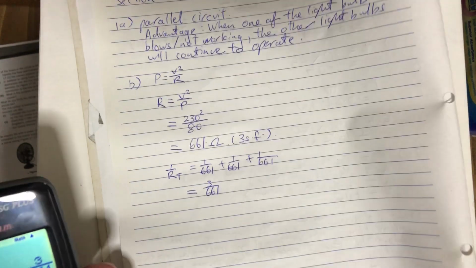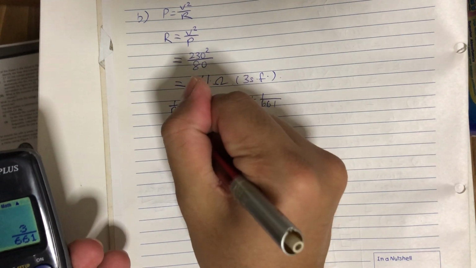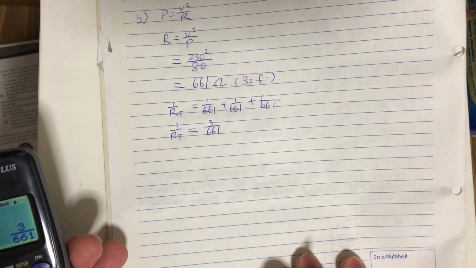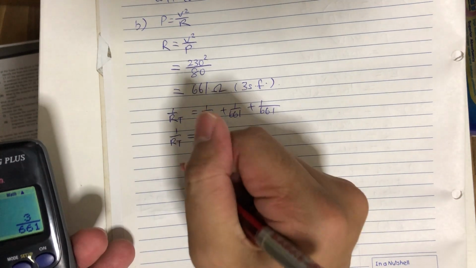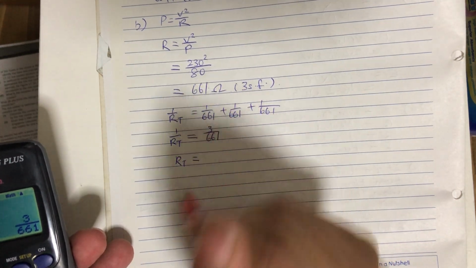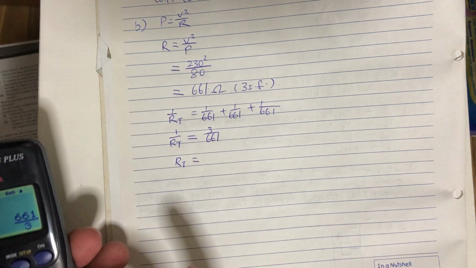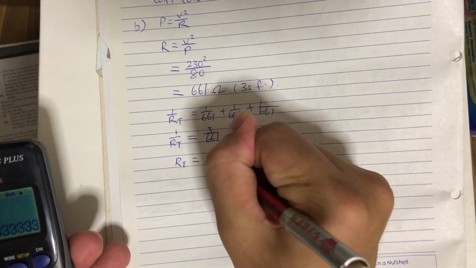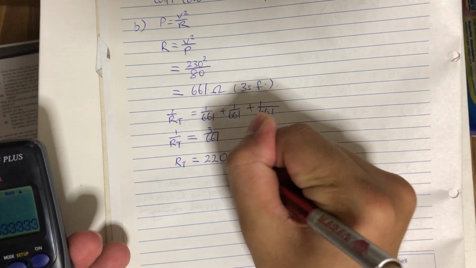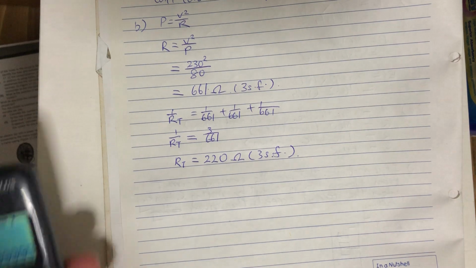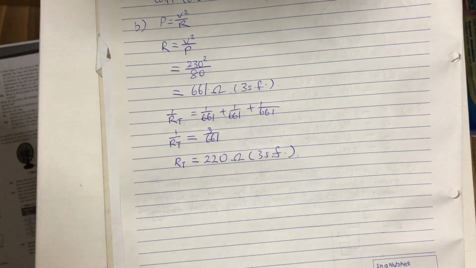But do remember, this formula only gives the inverse of the resistance. We have not actually calculated the resistance itself. So if you do it correctly, you get 220 ohms corrected to 3SF. So 220 ohms, if I'm not wrong.